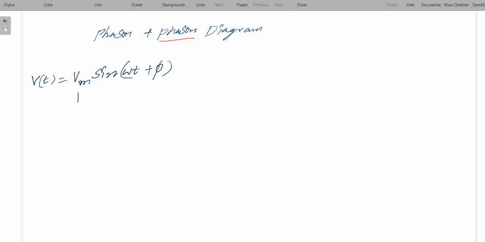In this, Vm is called the peak value. Sometimes it is considered as an RMS value. Omega is the angular frequency, and phi is your phase.